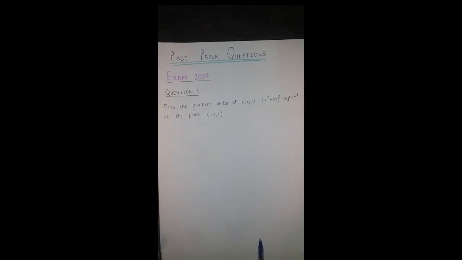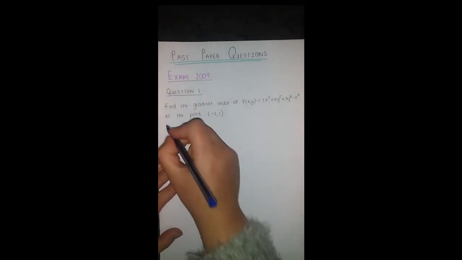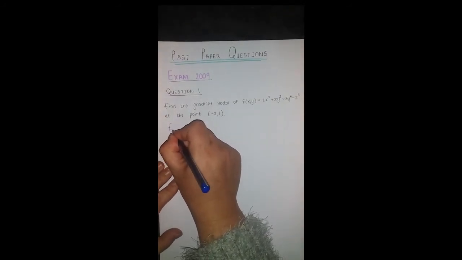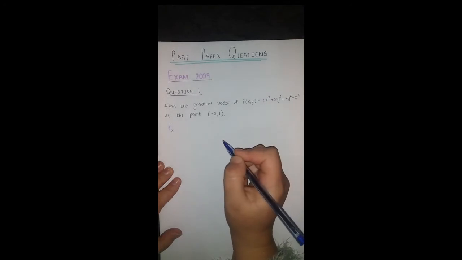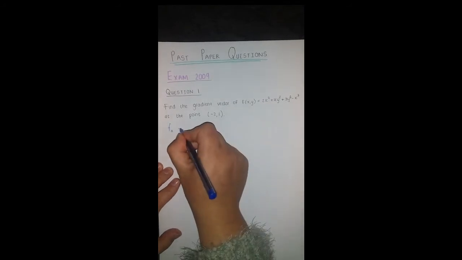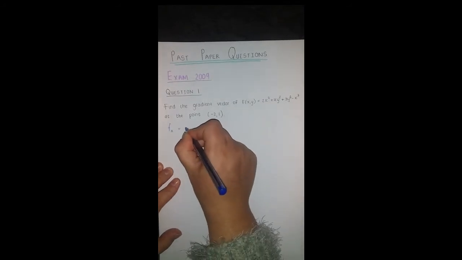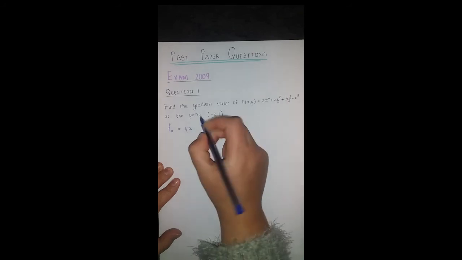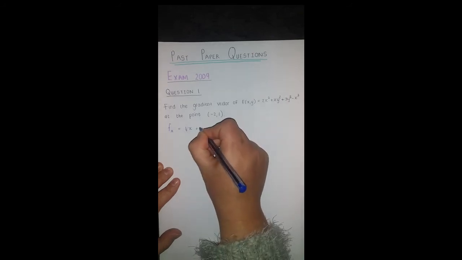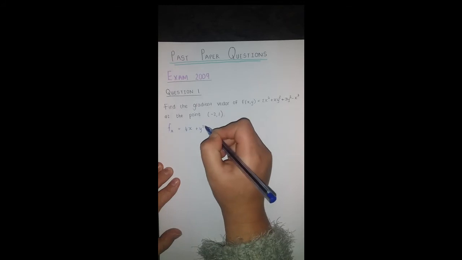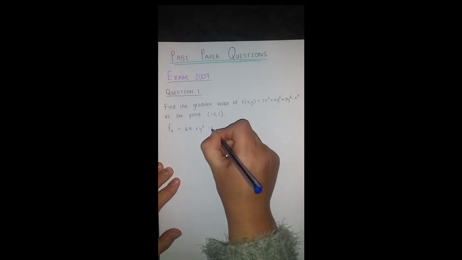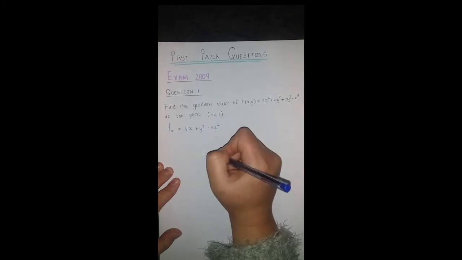So first things first, we have to get the gradient vector, and as previously I've mentioned, we need the partial derivatives. So the partial derivative towards x is 4x plus y squared minus 3x squared.